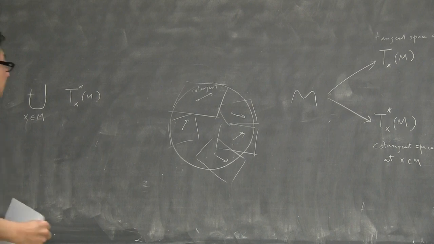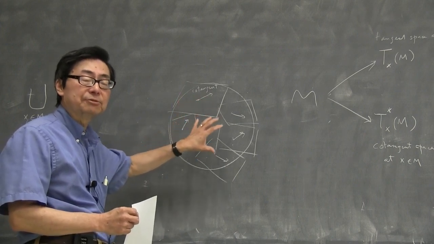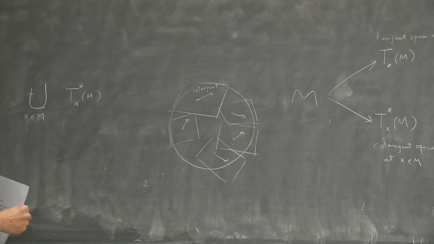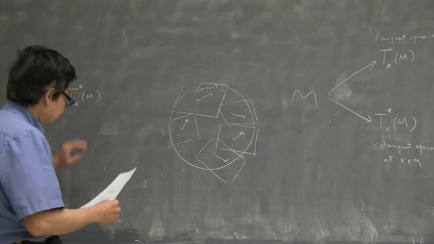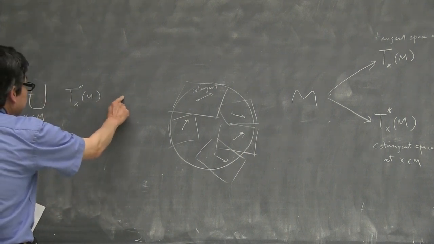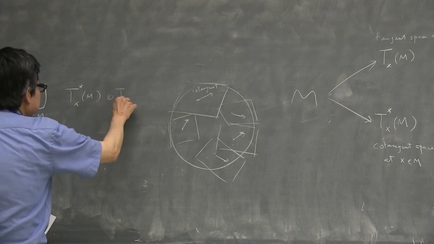That means I have a vector field on M itself, but the vector quantities are vectors in the cotangent spaces, one at every point. And so then I can think of tying together a bunch of these.